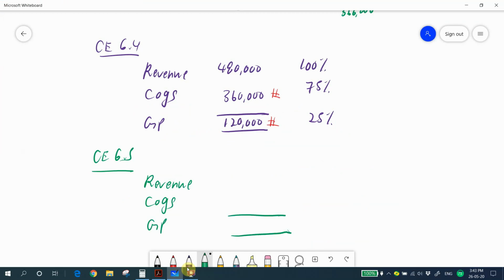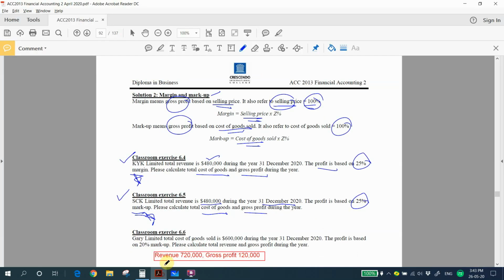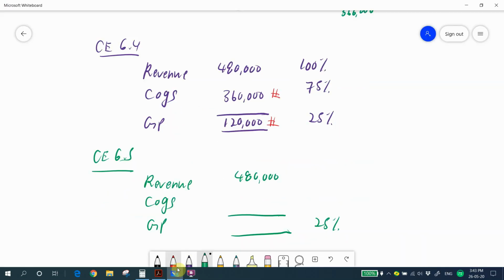The known figure is revenue, which is 480,000. We know that gross profit is 25% on the cost. And if this is markup, it says that your cost of goods sold will be 100%. So we put 100% here.